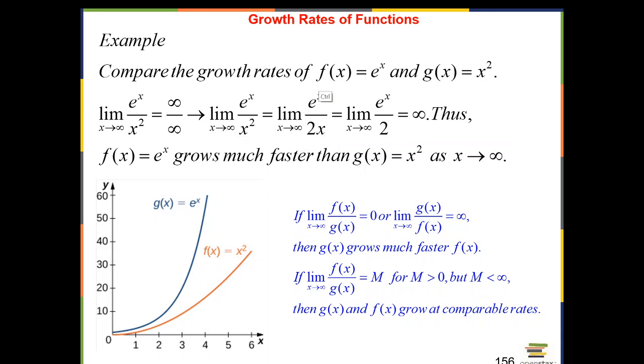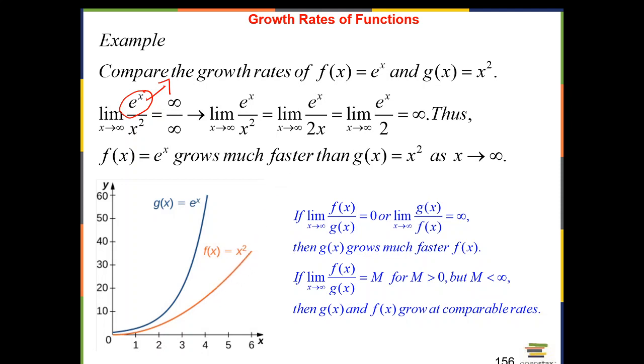We still get infinity over infinity, so we do it again: e to x over 2. Now we get infinity over 2, which is infinity. That means e to x grows much, much faster than x squared. And you see the picture here. x squared grows much faster than x, and e to x grows much faster than this.